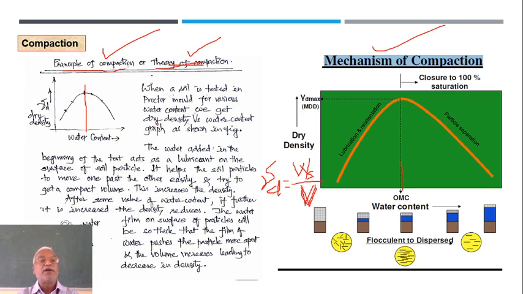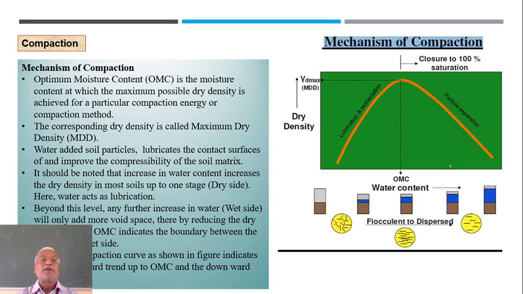So that is why it is called the mechanism of compaction or theory of compaction. In the beginning it increases and then afterwards it decreases. That is the trend. And this particular point where it goes to the maximum is known as optimum moisture content or optimum water content. The same theoretical points are repeated here, you can read them out.